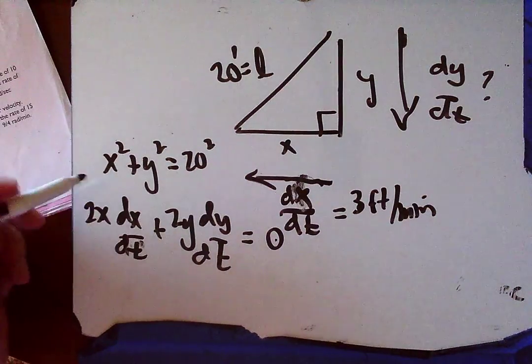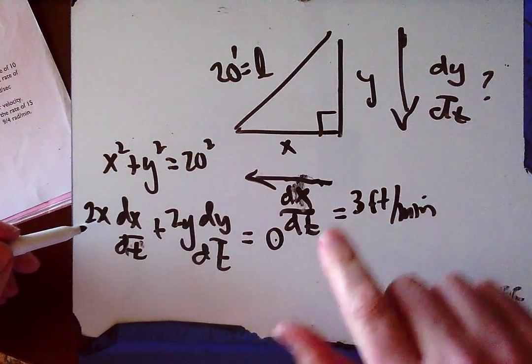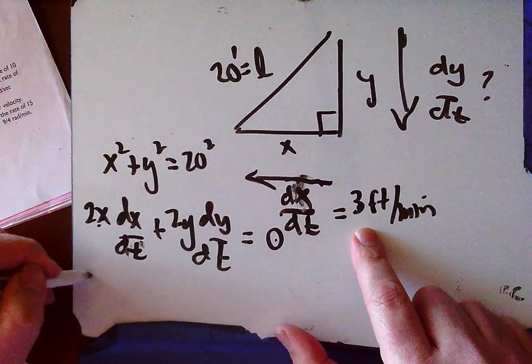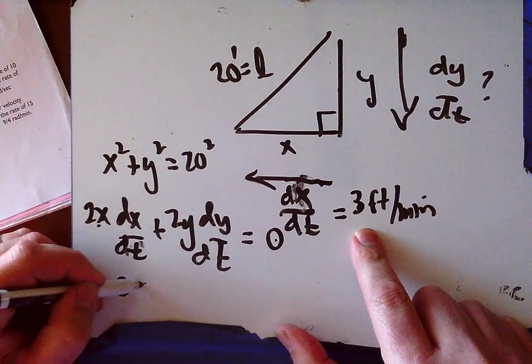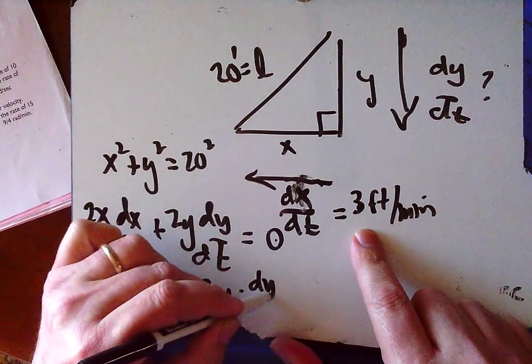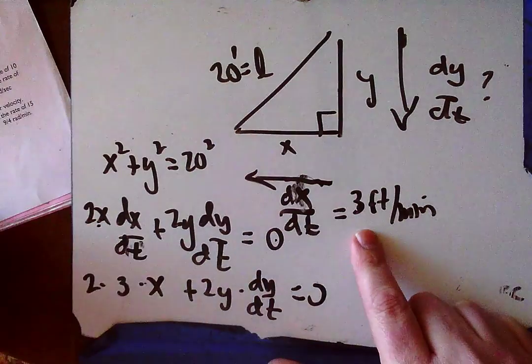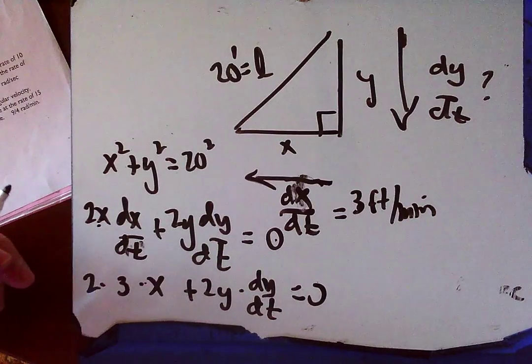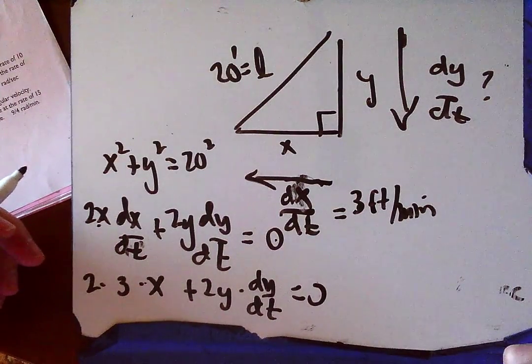So what do we know? Well, we know that dx dt is 3. So I can say 2 times 3 times x plus 2y times dy dt equals 0. I feel kind of stuck, though. Don't we have more?